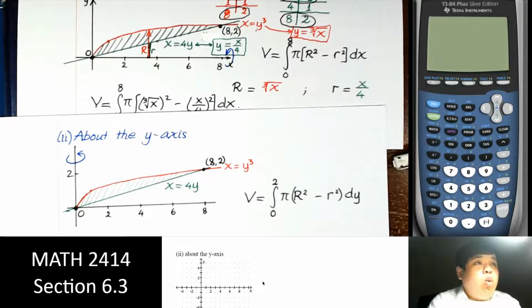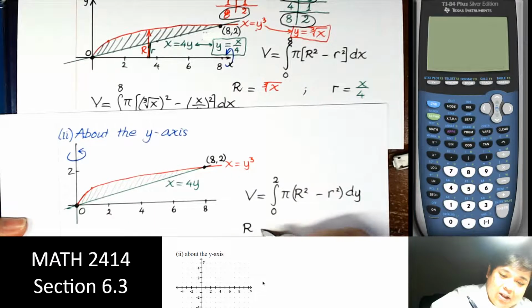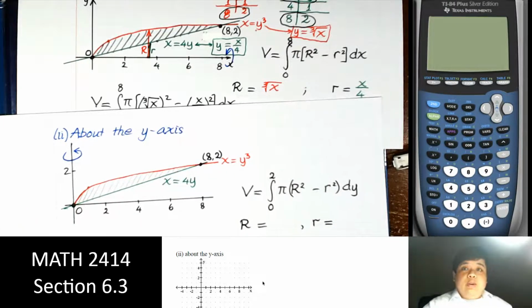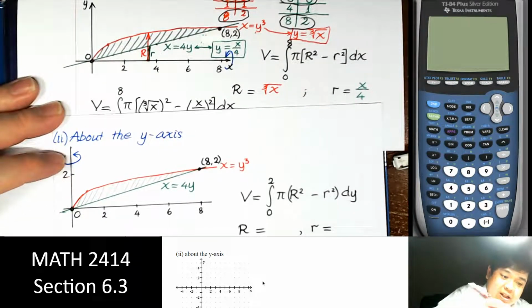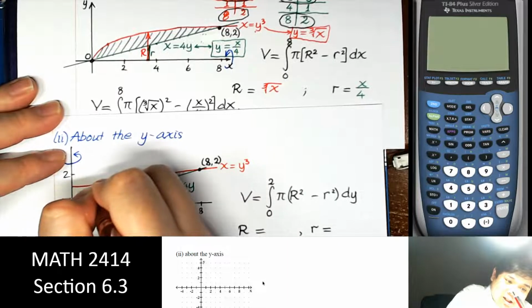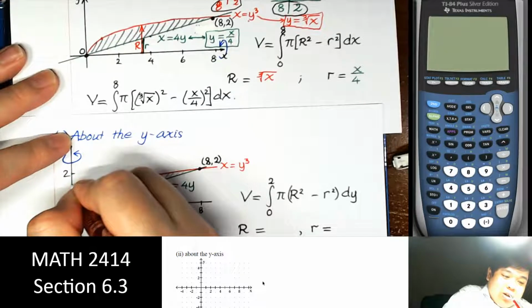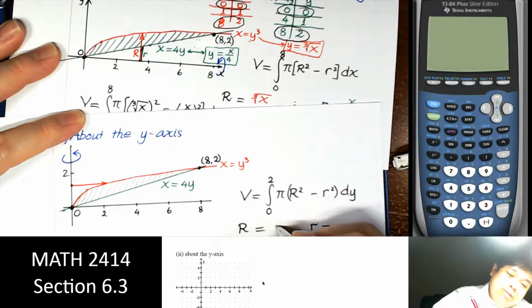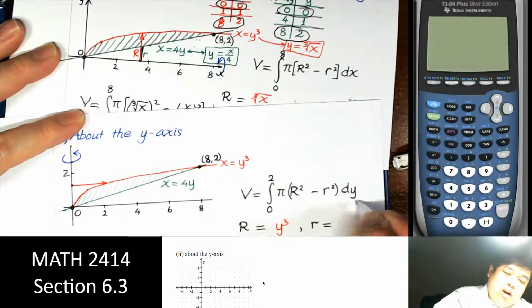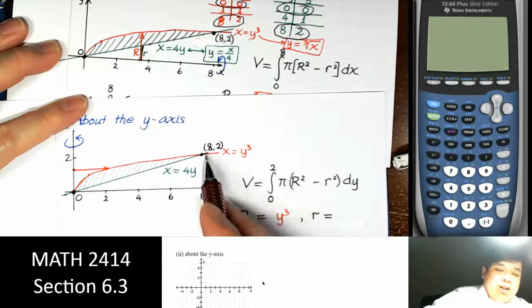Now, big R squared, and what is the big R? And what is the little r? So the big R is from the axis of rotation, the y-axis in this case. From the axis of rotation, the first edge that we see is going to be y cubed. By the way, it is a function in terms of y, so it is perfectly fine to use y cubed.